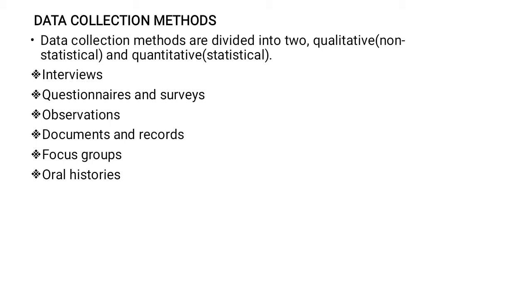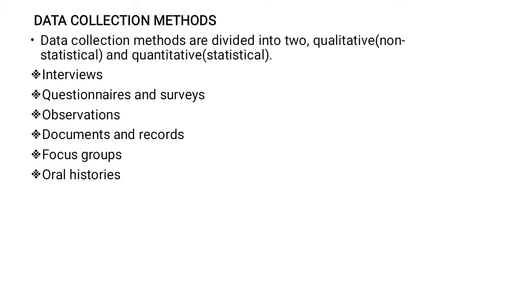These data collection methods can further be divided into primary data collection and secondary data collection. Primary data collection is whereby the data is gotten from the original source, whereas secondary data collection is whereby we use readily available data.